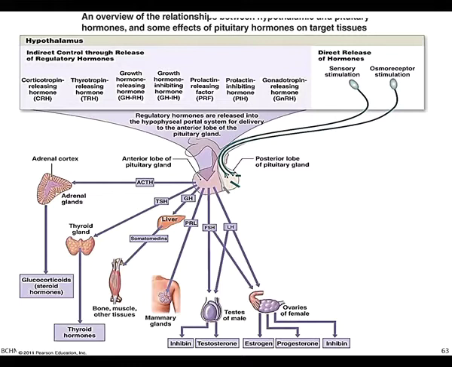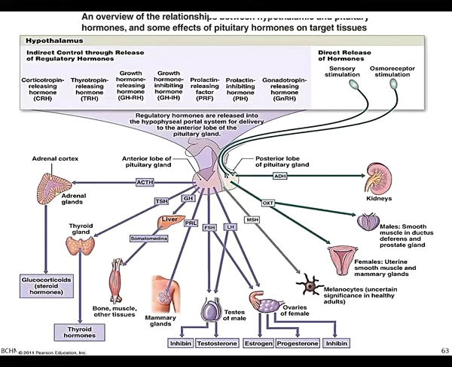While for the posterior pituitary gland, you can see that there are majorly two hormones, ADH and oxytocin. ADH will affect the kidney to regulate the amount of water in our body, while oxytocin affects majorly, in females, the uterine muscles and the mammary glands.